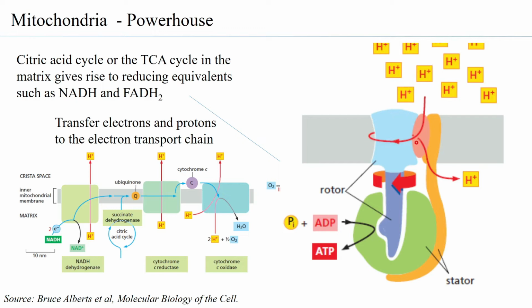And in rotating it, two things happen. One, the protons gush in, so it allows the protons to come in through the ATP synthase, and second, it activates the ATP synthase, which is the F1 component, and that ATP synthase then converts ADP to ATP.